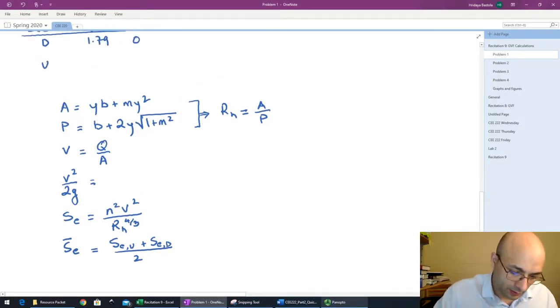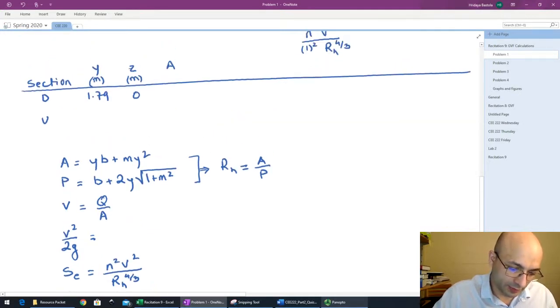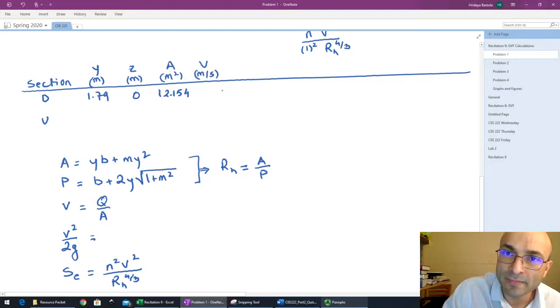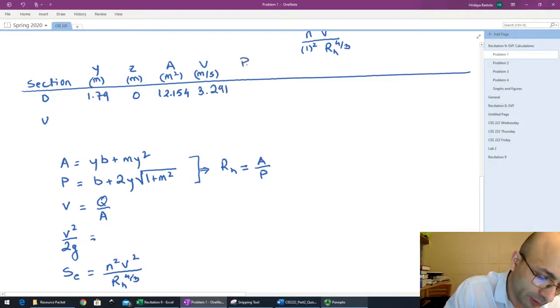So using these equations, then we can start filling up the rest of the table here. So area will get a value of 12.154 meters squared. Velocity in meters per second, we'll get a velocity of 3.291. The wetted perimeter will be 10.063.